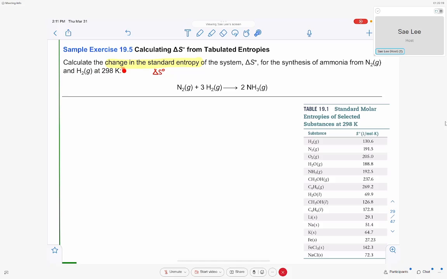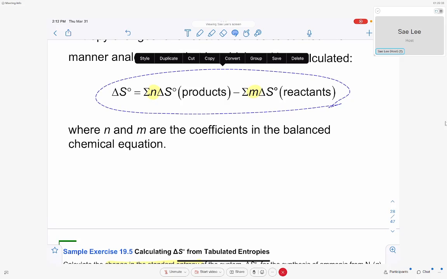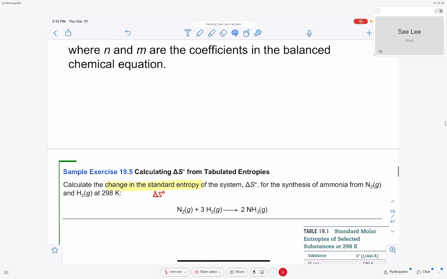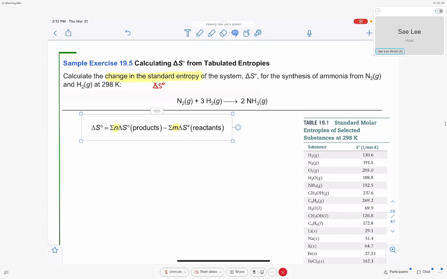It says 298 Kelvin room temperature, so we can use this table because these values are measured at 298 Kelvin. In order to calculate the standard entropy of the system, we need to use the equation that we just learned in the previous slide.